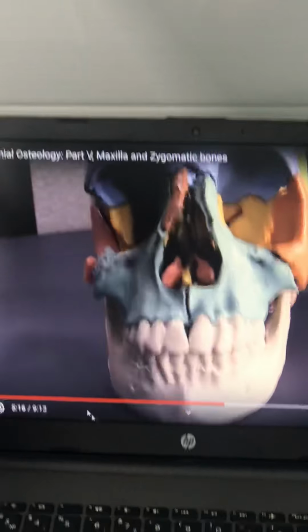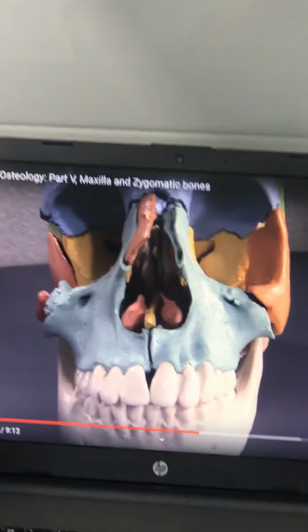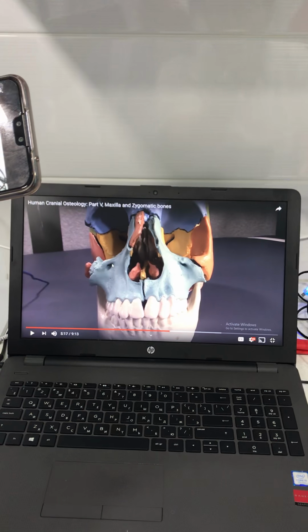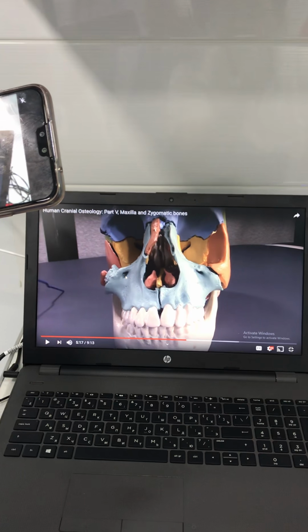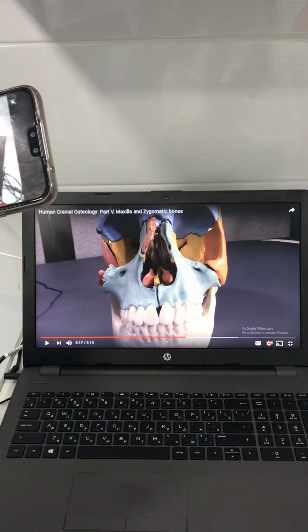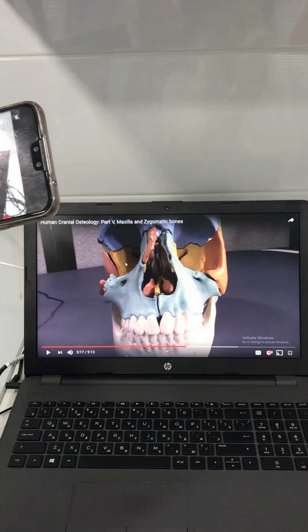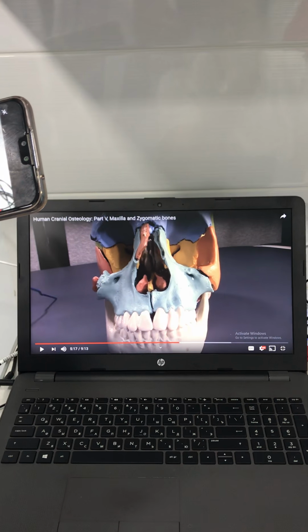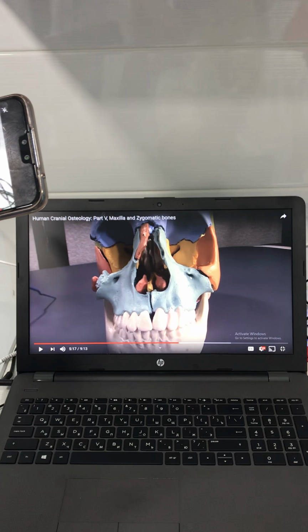Okay. Now, remember I said the foramen is important. We have the infraorbital foramen. The maxillary branch comes from the second trigeminal nerve, which comes through the pterygomaxillary fossa, goes inside the infraorbital groove, and comes out from the infraorbital foramen.